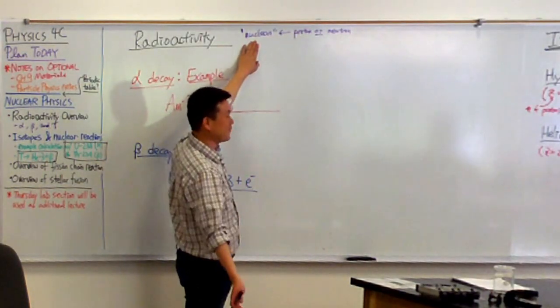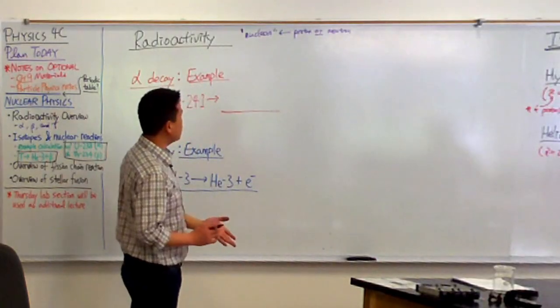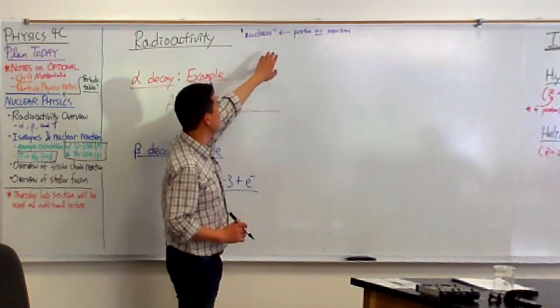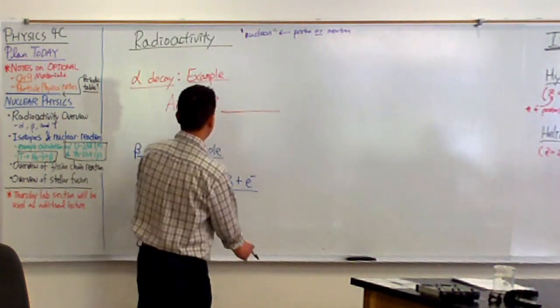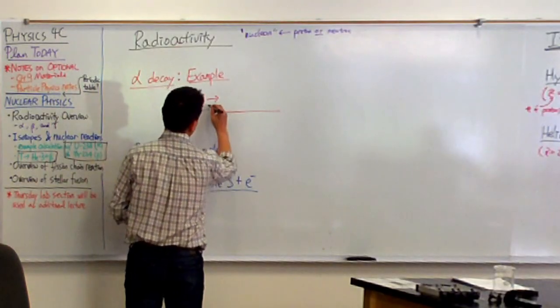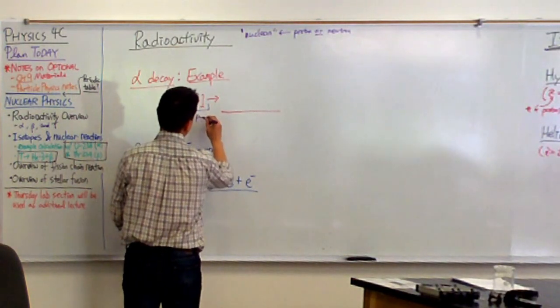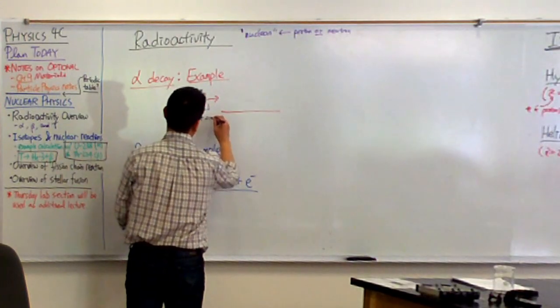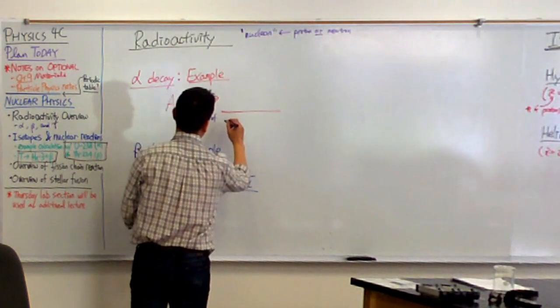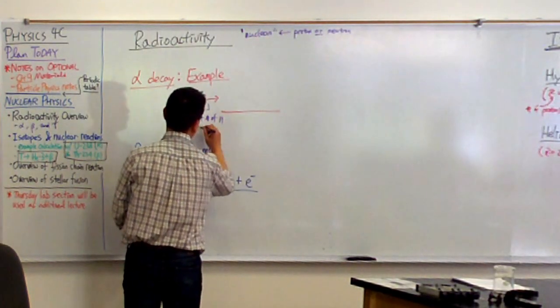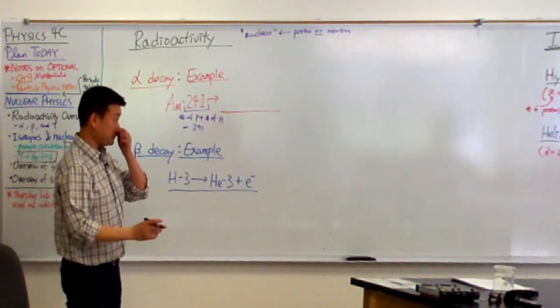It's the particle in the nucleus. So we can still hold to the idea of conservation of nucleons. So americium 241, what I do know is that the number of protons plus the number of neutrons is 241, right?